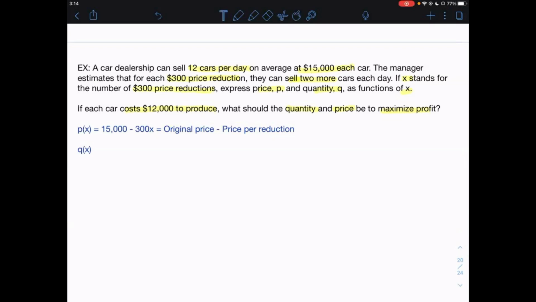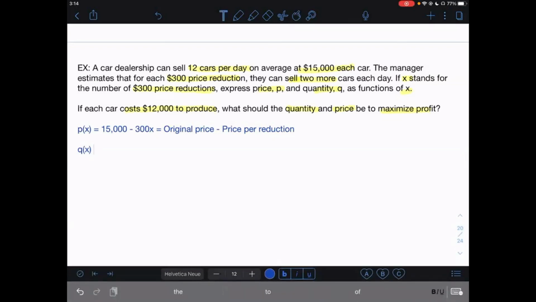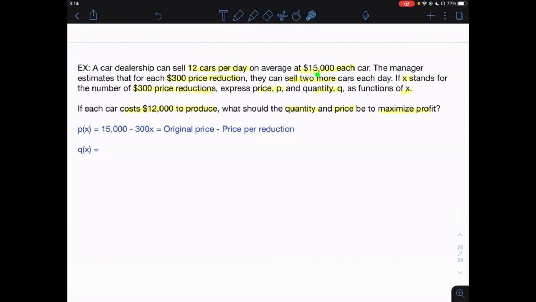But what about the quantity of the cars? Well, again, at the original price point of 15,000, we were able to sell 12 cars per day. And then we believe that if we reduce our price by 300 bucks, each price reduction is going to result in us selling 2 more cars per day.